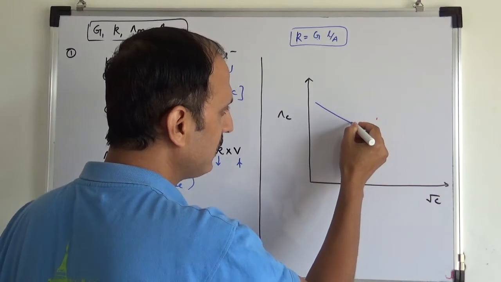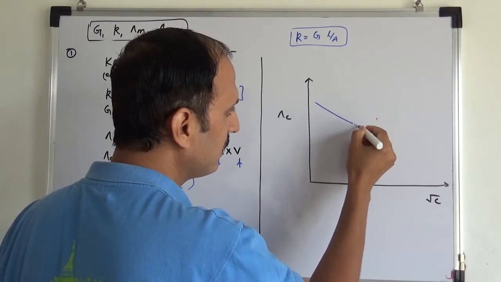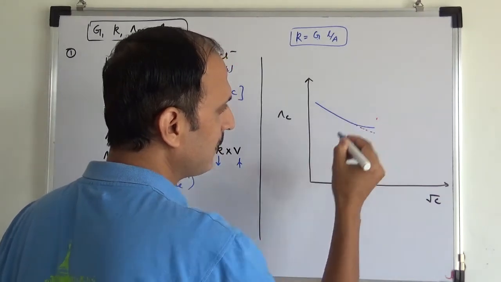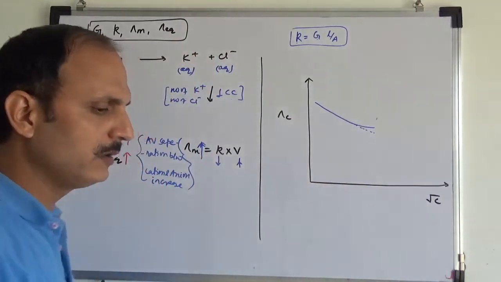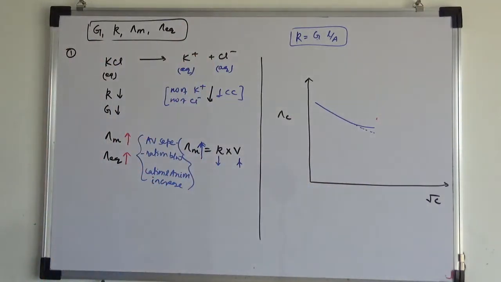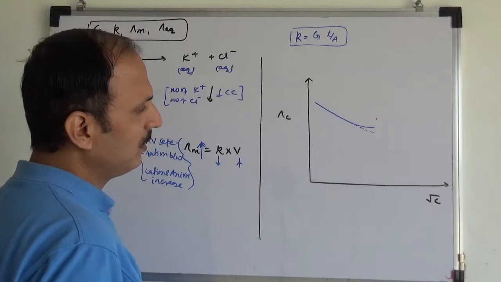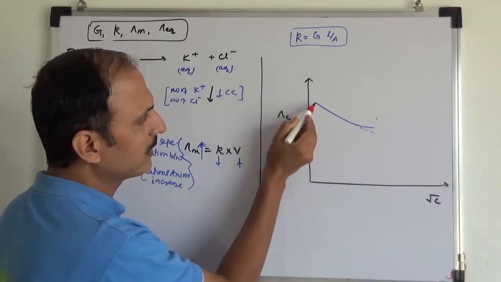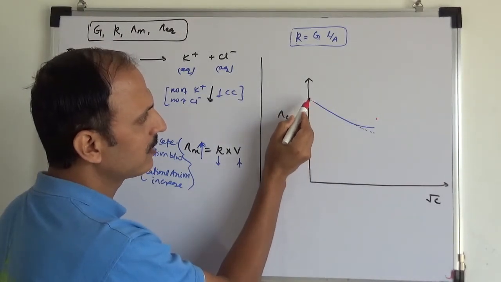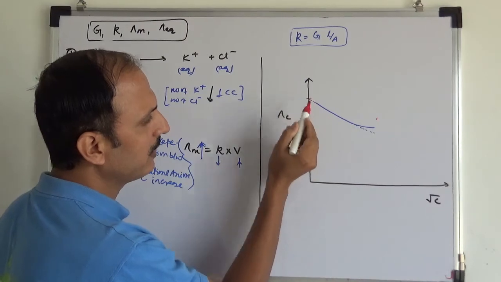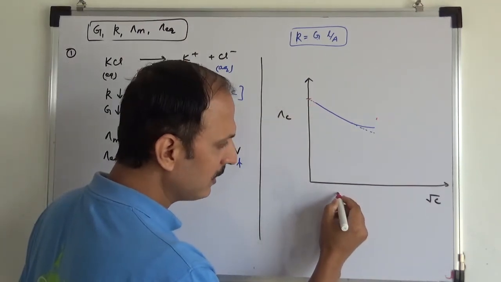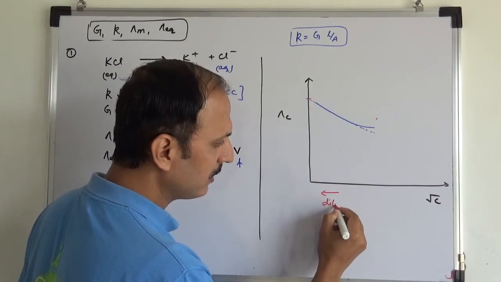As the concentration increases, it deviates from the straight line, but for a smaller concentration it is following the straight line. So we can write the equation here again. If you extrapolate this, meaning if you extend this in the backward direction, here you see the dilution is increasing.